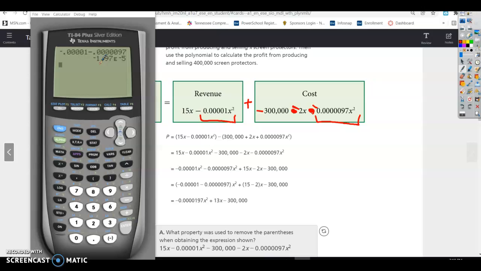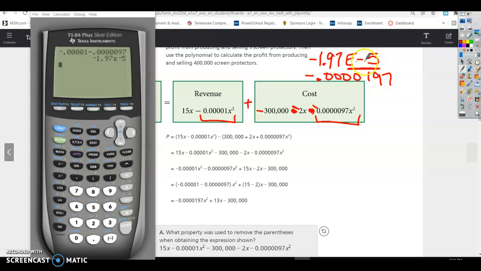So when you see negative 1.97e to the negative 5, that's the same thing as negative point, and this means I moved my decimal 5 places to the left. All right, so I'm going to go 1, 2, 3, 4, 197.